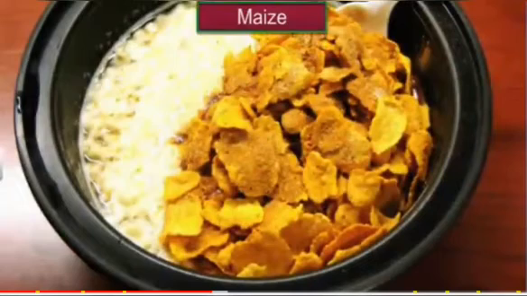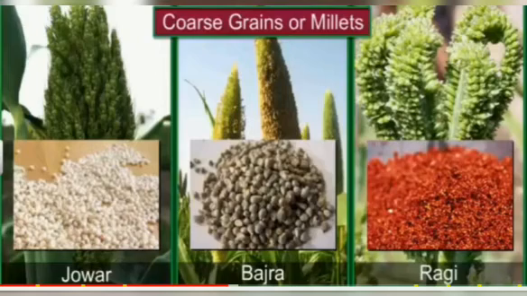Okay, next we'll move to the coarse grains or millets. Rice, wheat, millets and maize are important grains grown in India. As we have already discussed the major crops, coarse grains and millet are both the same.